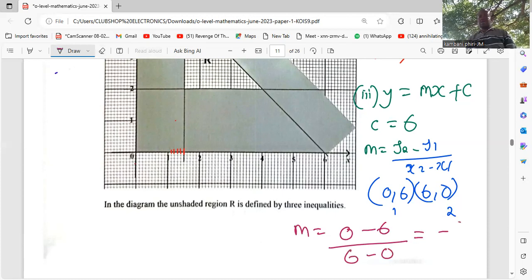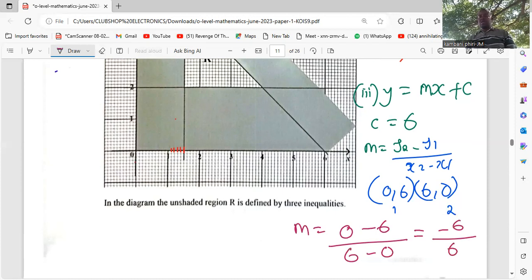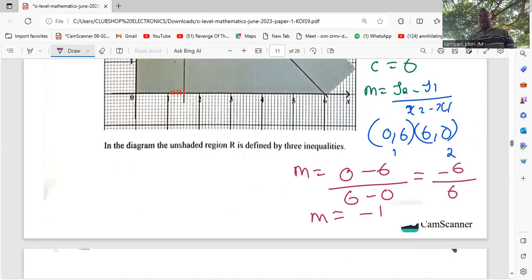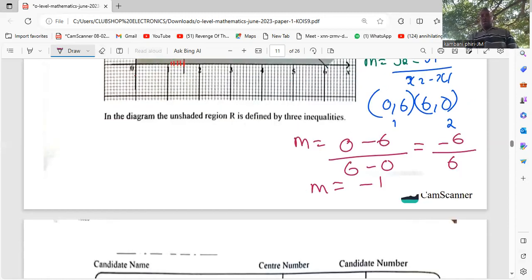So I've got negative 6 divided by 6 and we get negative 1, which we got in the first part. All right. So meaning that now our equation is y is equal to mx plus c, our gradient is negative 1, so negative x plus 6.